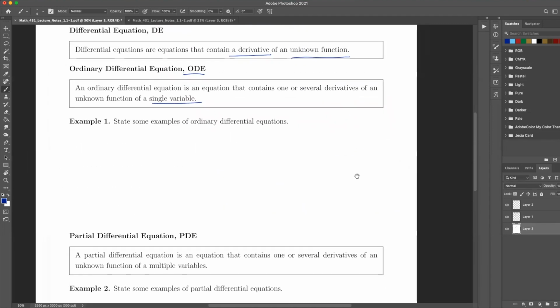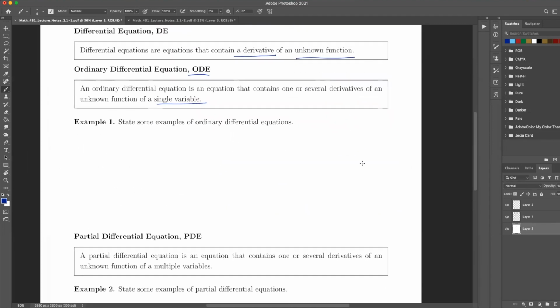Yeah, okay. So what are some examples of ordinary differential equations? Well, I can say the derivative of some function, which I don't know, is equal to cosine of t. You might actually know what that function is, but these can get a lot more complicated.